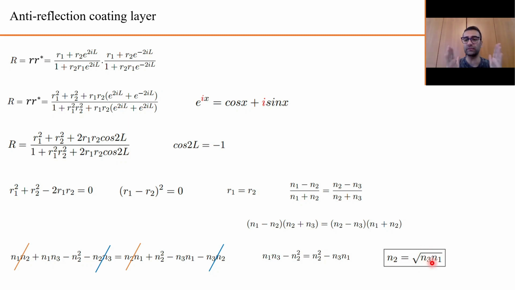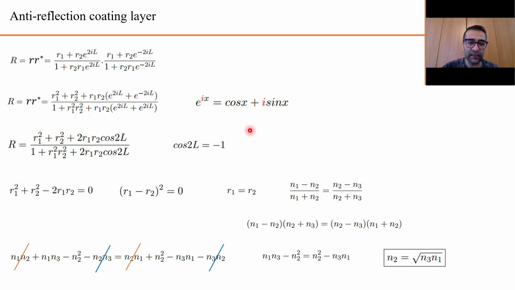Therefore, when the refractive index of this thin layer is just the square root of the product of the refractive indices of the first and third layers, this reflectance will be 0.